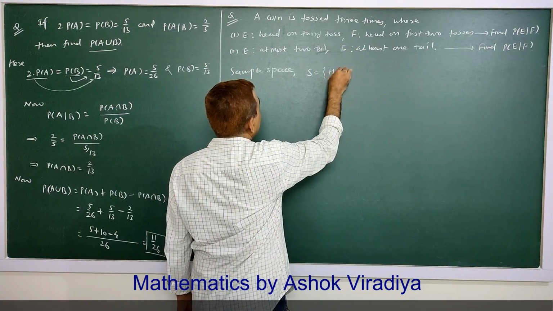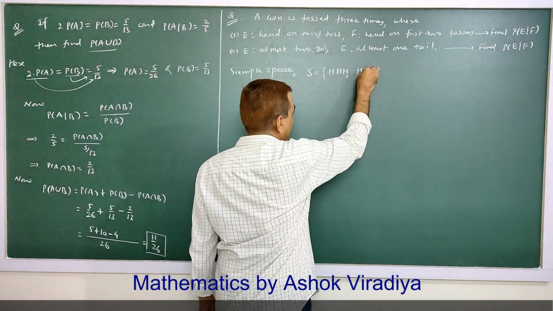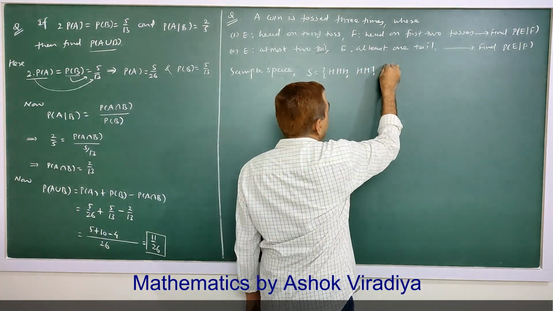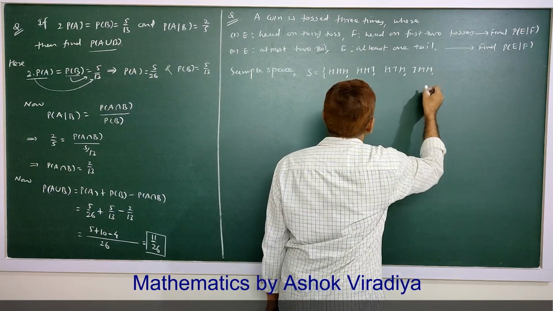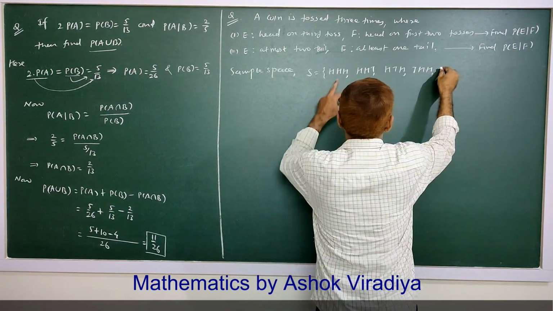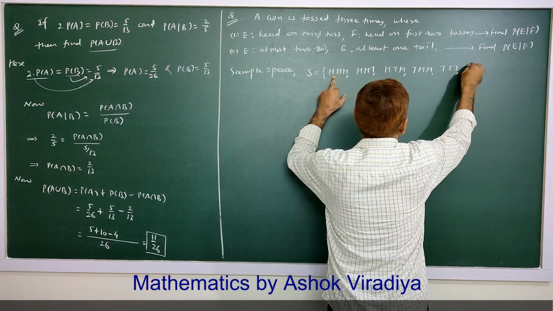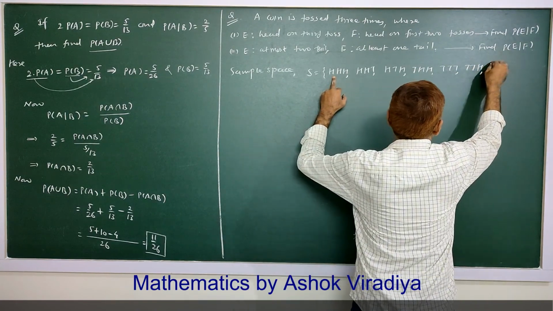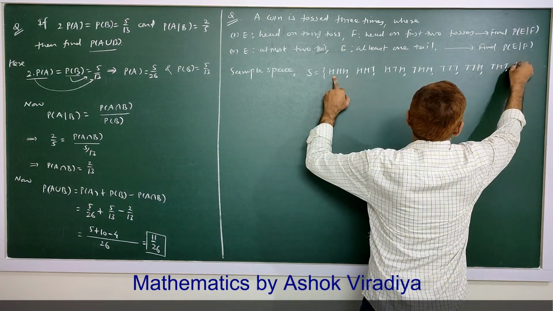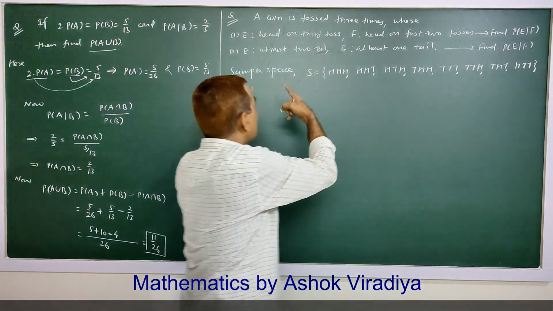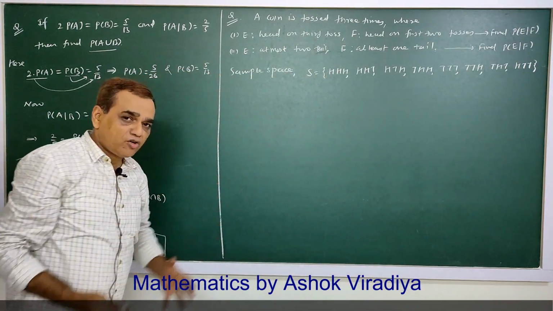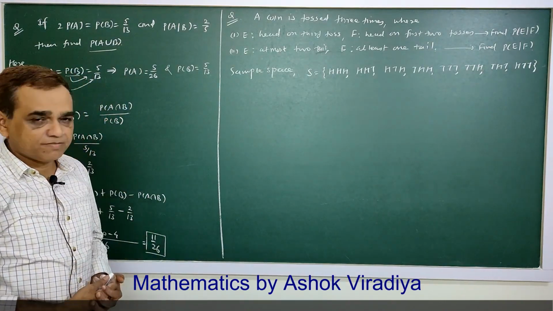So HHH, HHT, HTH, THH, TTT, TTH, THT, HTT. So this is the sample space associated with experiment of tossing a coin 3 times.